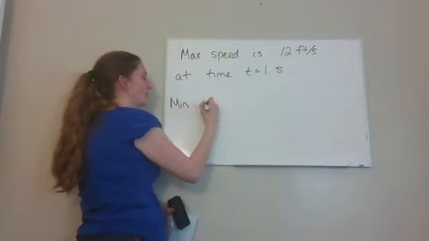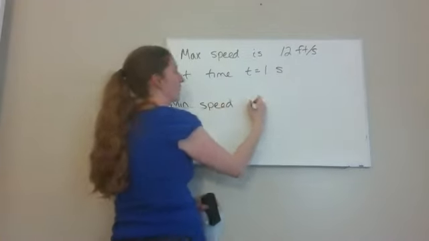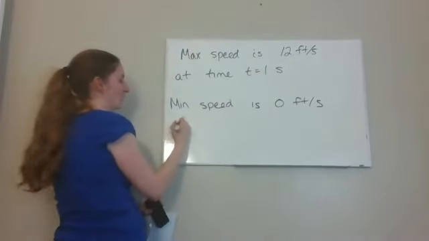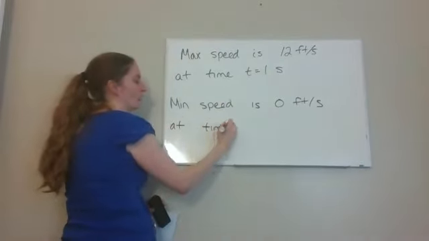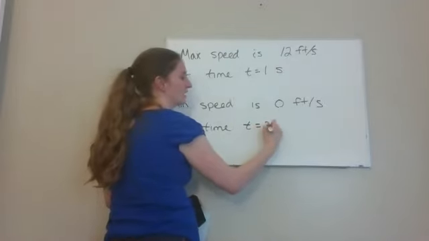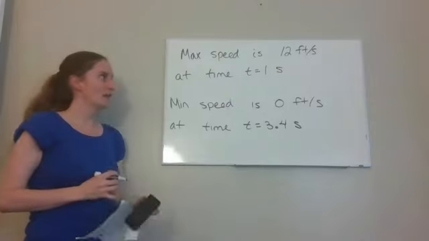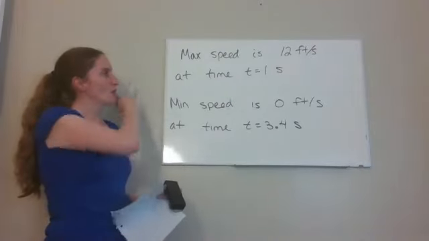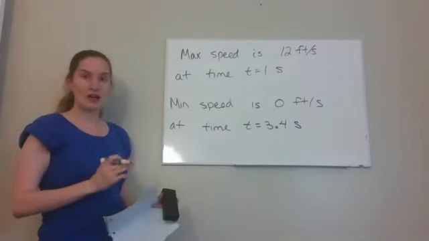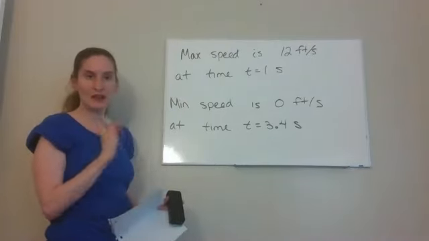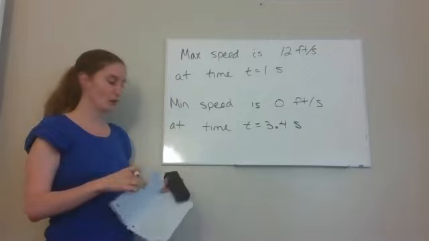Our minimum speed we saw was 0 feet per second. At our critical value, it was time t equals 3.4 seconds. So all that means is that our object was moving at every other time, but at 3.4 seconds, it was temporarily still and gave us our minimum speed of 0 feet per second.